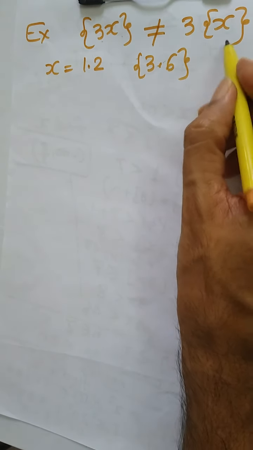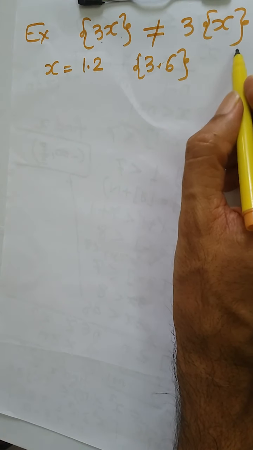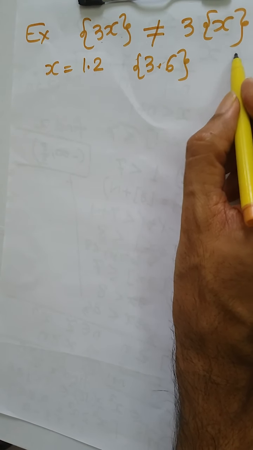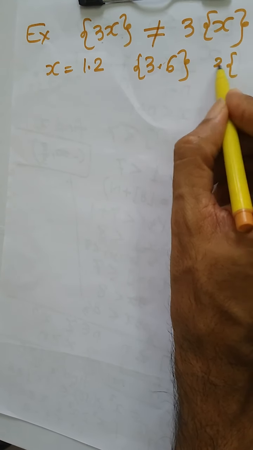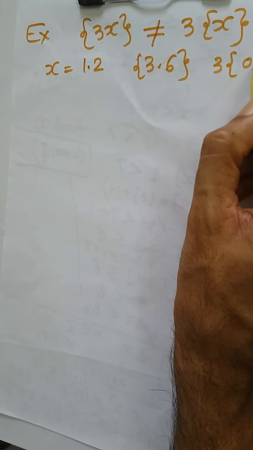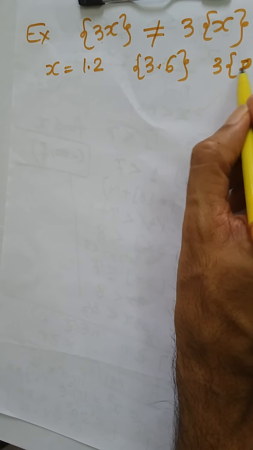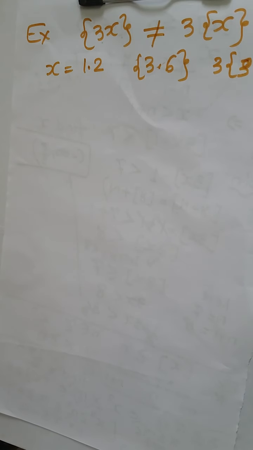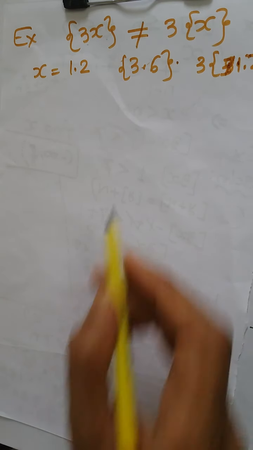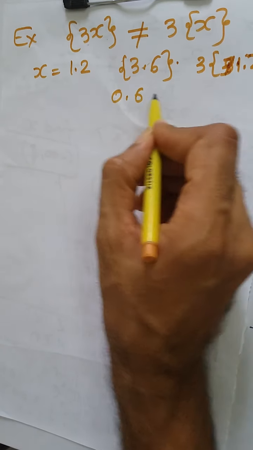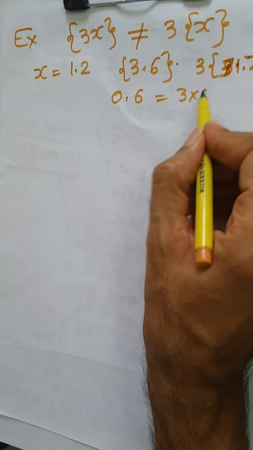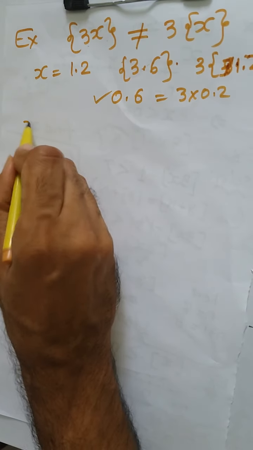and fractional of 3.6 gives you 0.6, while 3 times fractional 1.2 is 3 times 0.2, which is 0.6. In this case it is okay.